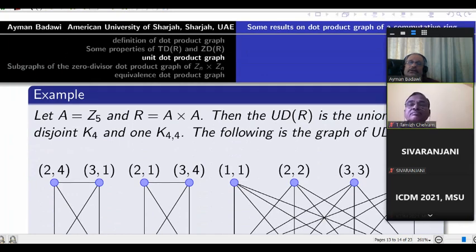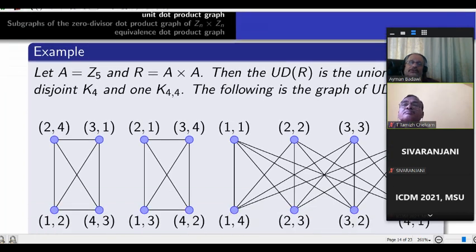Here is another example of characteristic different from 2, where I take A to be Z5 and R to be A cross A. This is the graph of the unit dot product.